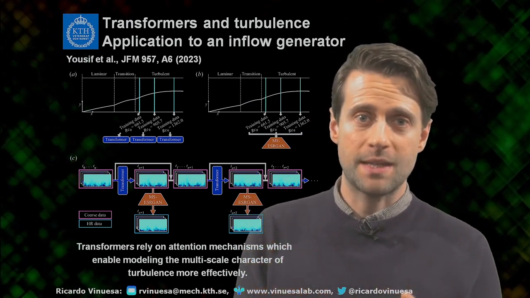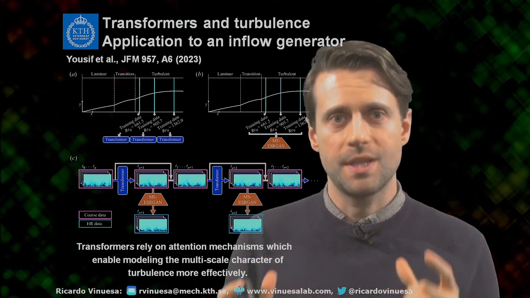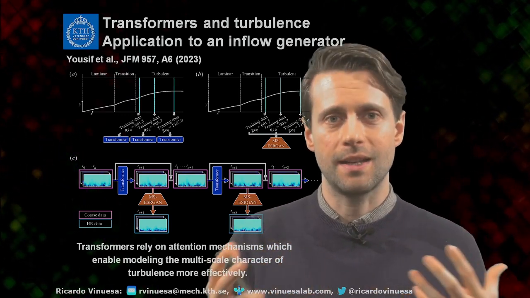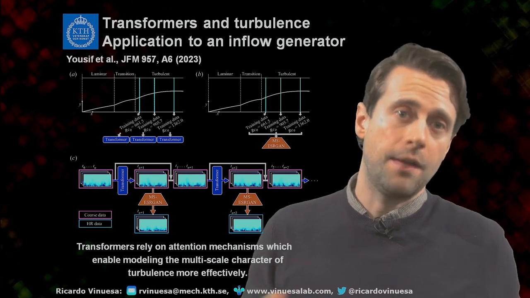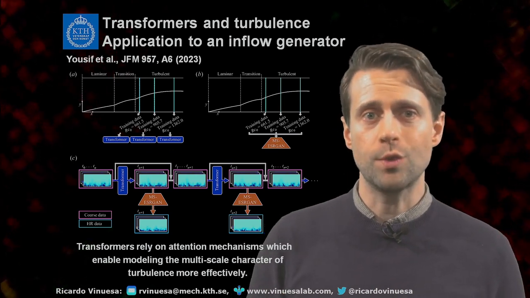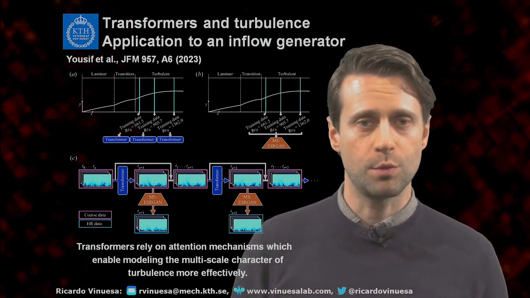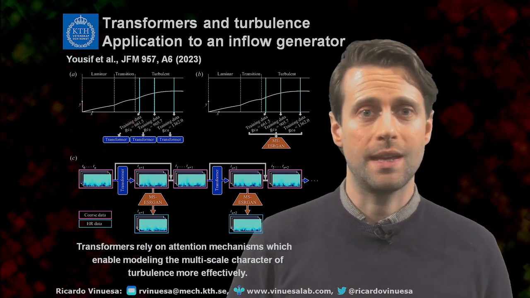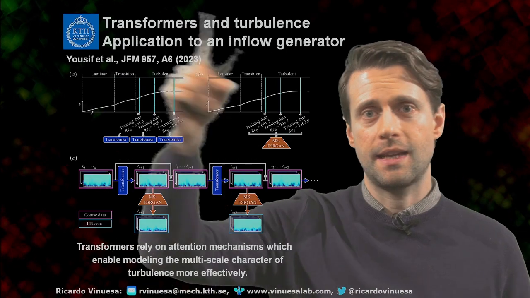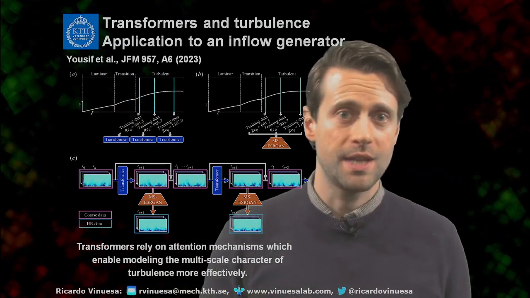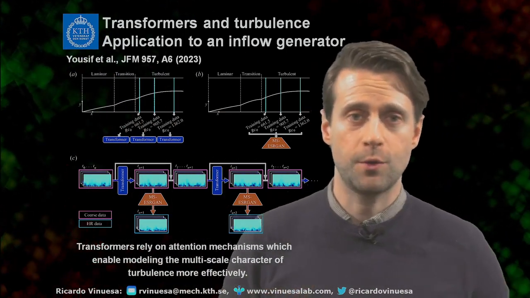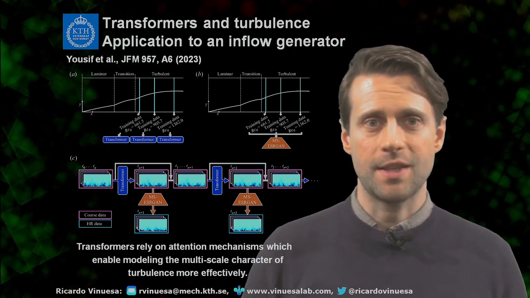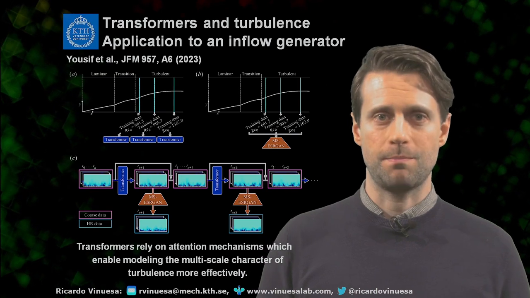The attention mechanisms that characterize transformers are going to be able to properly account for this multi-scale characteristic of turbulence, and therefore that allows us to really predict the temporal dependencies in turbulence pretty accurately, outperforming even what we could do with the LSTM. So have a look at this, and I really believe that transformers have great potential for turbulent flow predictions precisely because of the multi-scale character that can be quite nicely captured by these neural networks.